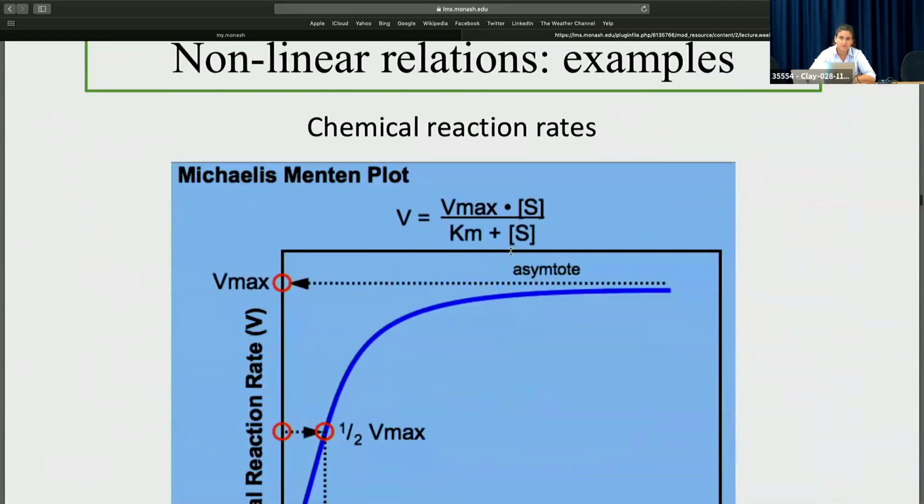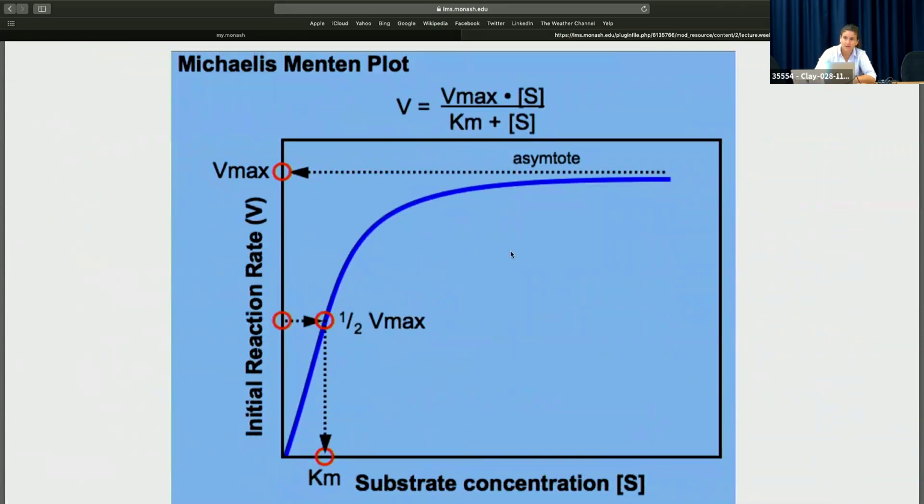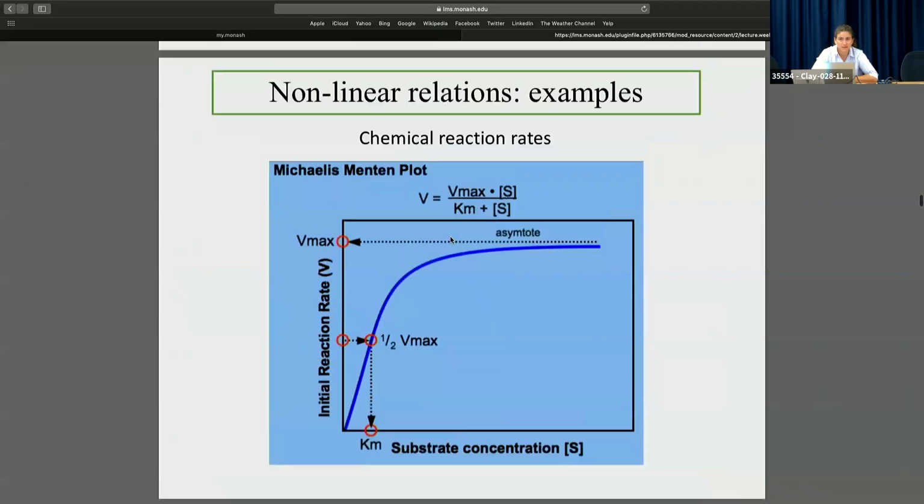Another approach is to apply nonlinear models with relationships we already know. So if you do chemistry, you'll be aware of the Michaelis-Menten plot, which is the reaction rate of enzymes as a function of the substrate concentration.